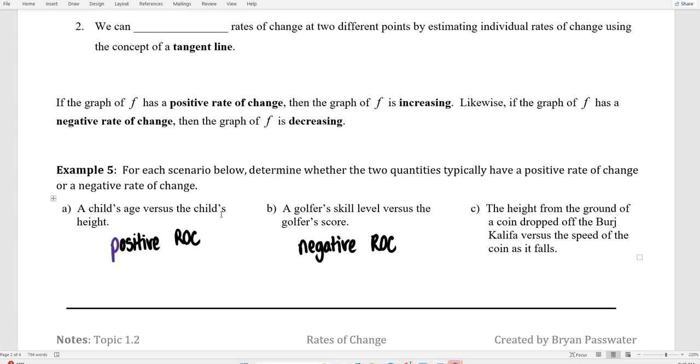Okay? The height from the ground of a coin dropped off the Burj Khalifa, which is the tallest building in the world, versus the speed of the coin as it falls. I think this one's hard. So, the height from the ground of the coin drop, that is height. And then speed.